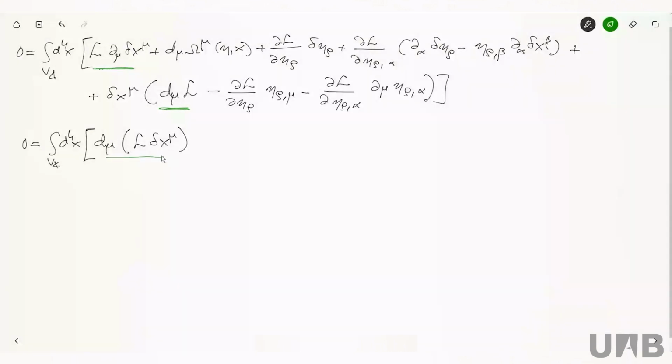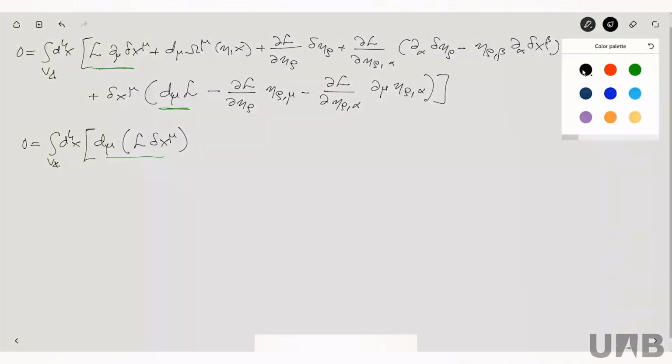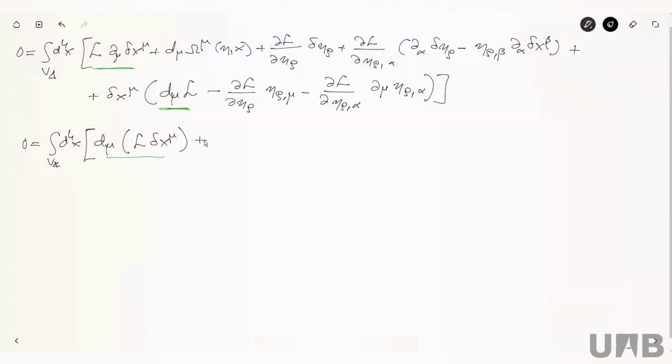If I take the derivative with respect to x mu of this, the derivative with respect to mu of L is here, and the derivative with respect to mu of delta x mu is here. And notice that here I can put the partial derivative because x mu only depends on x. There's no other chain rule; this derivative on x delta x mu is the same as the partial derivative. There's nothing else. You agree? Yes. Okay. Now, let's keep on going.